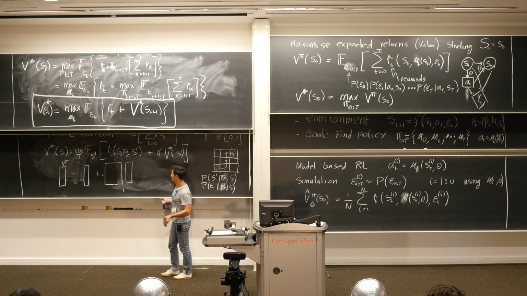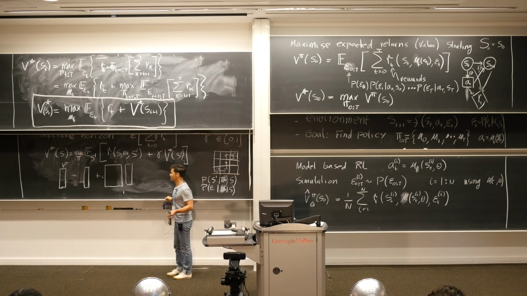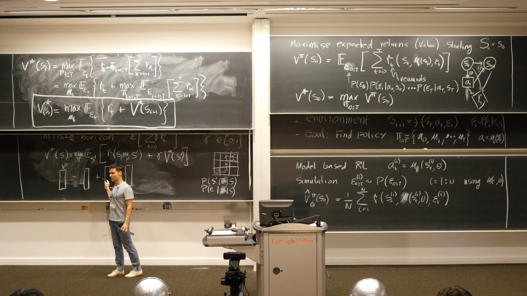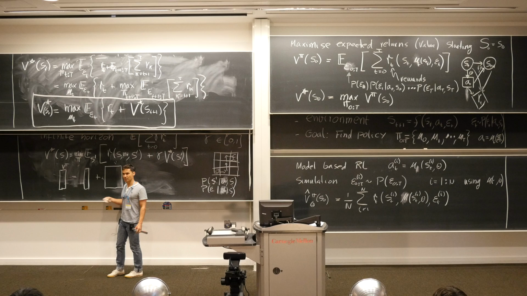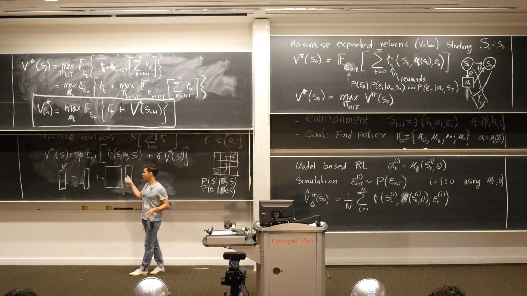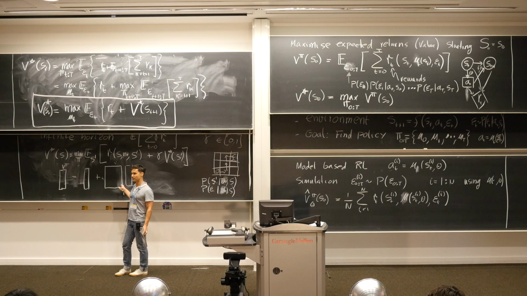And so when you actually implement these algorithms, all you're doing is solving a linear system. And so the computation, depending on how you solve it, will be n cubed, or n squared times the number of iterations. And all these different ways of solving this lead to different algorithms out there, like value iteration, policy iteration. They're just ways of solving linear systems.